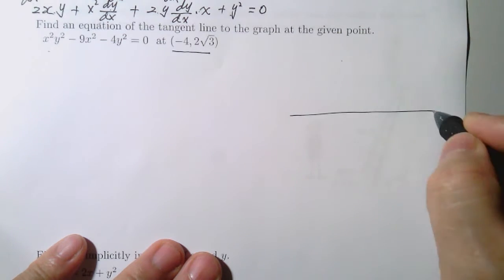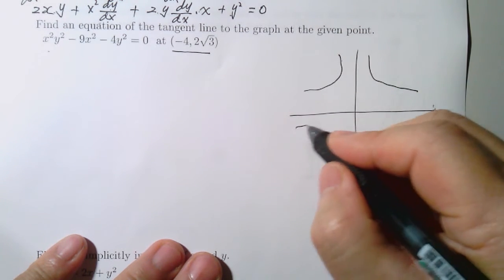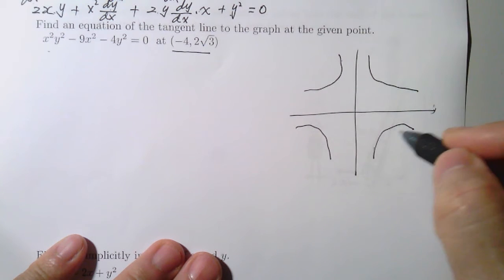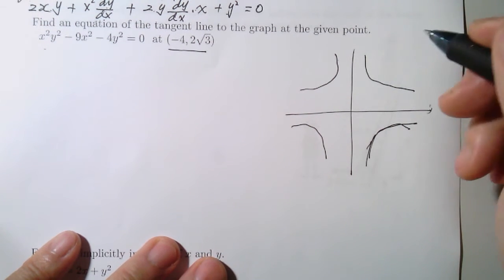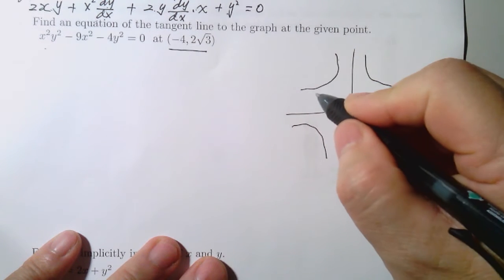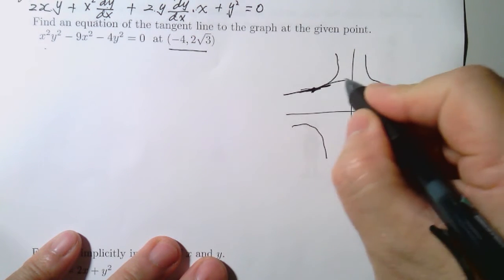We want to find the tangent line at x equals negative 4, y equals 2 square root of 3, somewhere here.